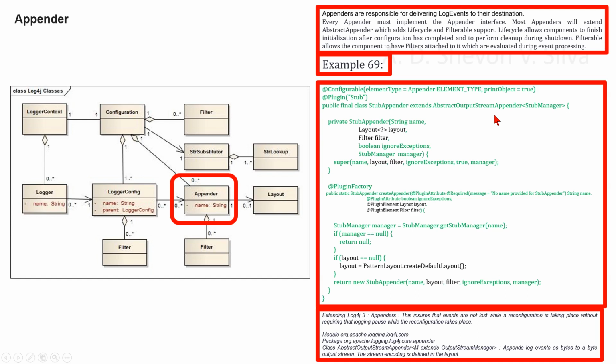Appenders are declared as a @Plugin with an element type of appender. The value attribute of the @Plugin annotation specifies the name of the element users must provide in the configuration to use the appender. An appender should specify printObject as true if the toString method renders the values of the attributes passed to the appender.